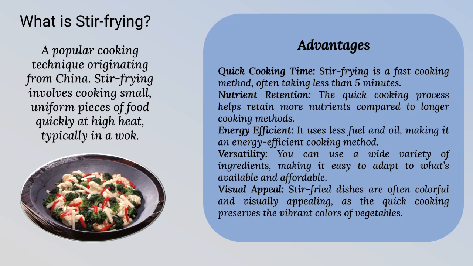As you know, the cooking takes less than 5 minutes, so there is less possibility that the colored vegetables will lose their natural color. So whenever you are presenting something with the natural color of the vegetables, that goes without saying that it will definitely accentuate the appearance of the product. So visual appeal is increased and enhanced.